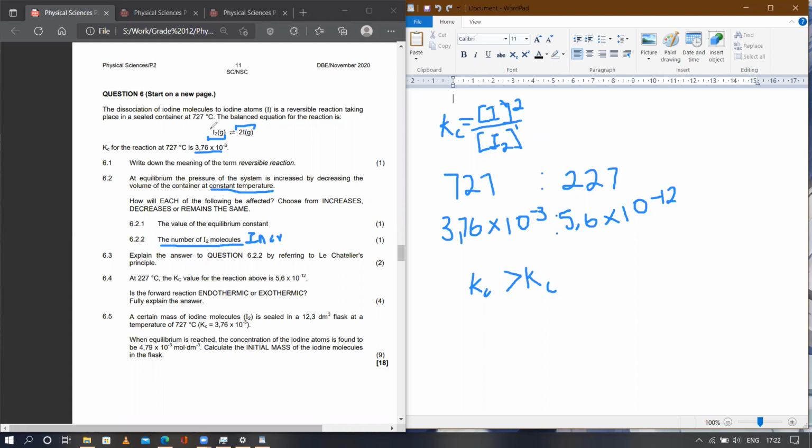When temperature is decreased, whichever is favored, that reaction is exothermic. And the opposite reaction is going to be endothermic. So since temperature is decreased and the reactants are favored, that means the reverse reaction is exothermic, and the forward reaction is endothermic.